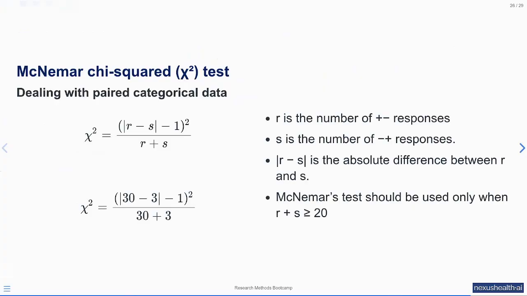And this is how we calculate the chi-square test. We should use the McNemar test only when the number of discordant pairs is 20 or more.